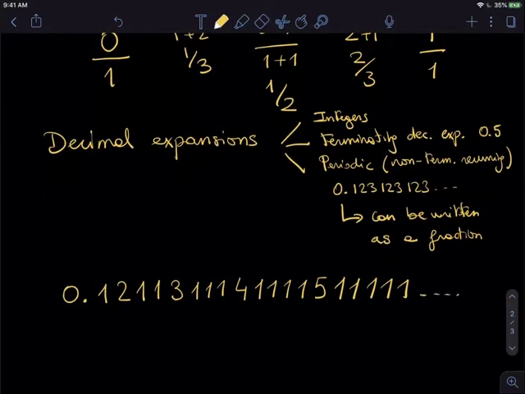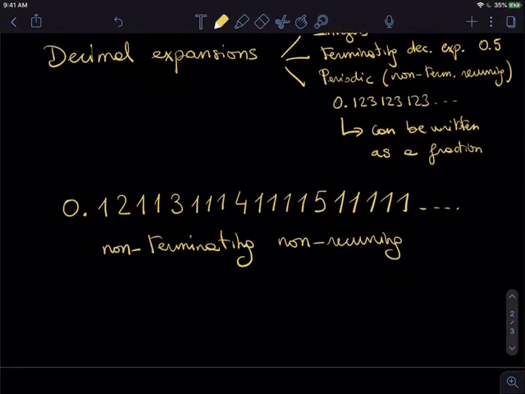The rule that describes this number is clear, right? But is this number terminating? No, this is non-terminating. But is it recurring? No. So this number is not among the decimal expansions we have already considered.